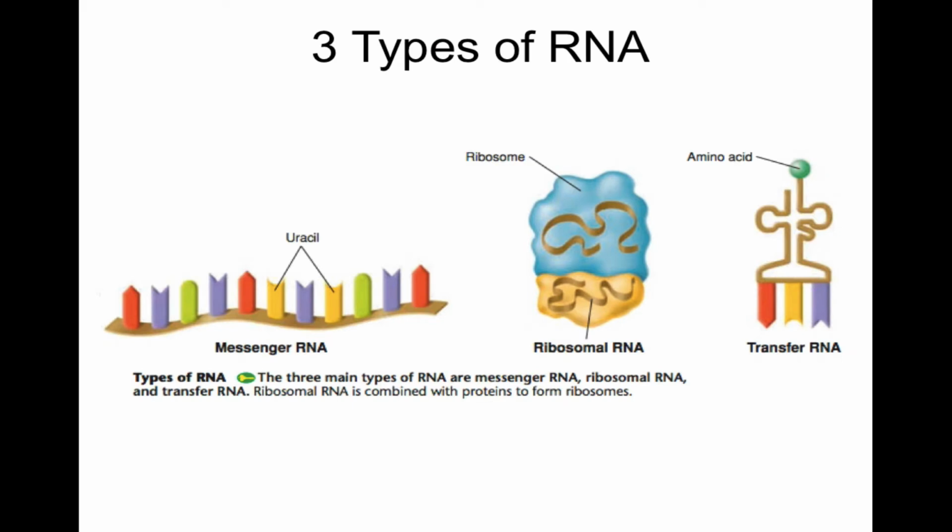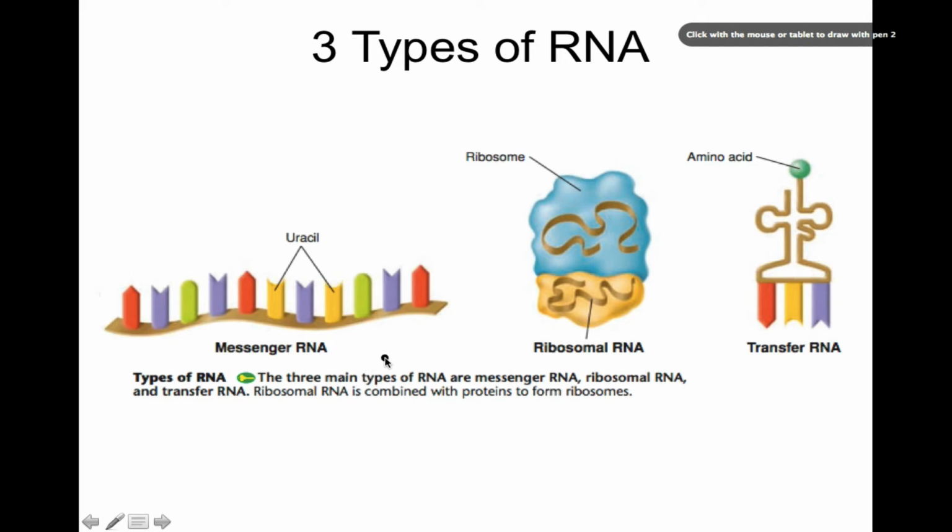So let's take a look at some of the types of RNA that are going to be involved in the process. The first type that we're going to take a look at is messenger RNA. So messenger RNA, like we just mentioned before, is made from DNA, and it contains the code to make a chain of amino acids or a polypeptide. Remember, the chain of amino acids is also known as a polypeptide.